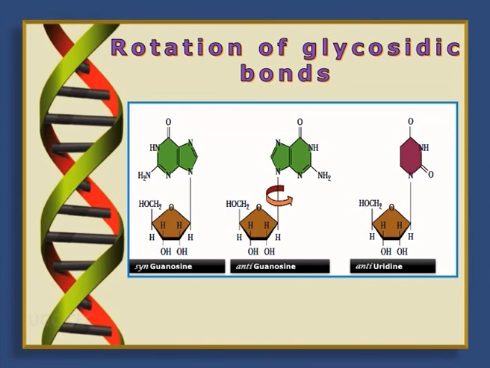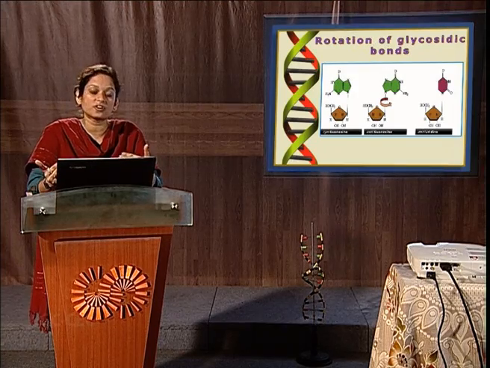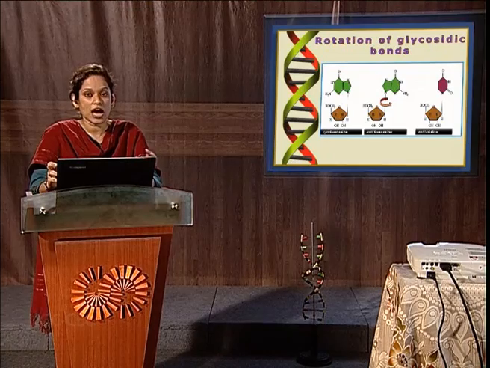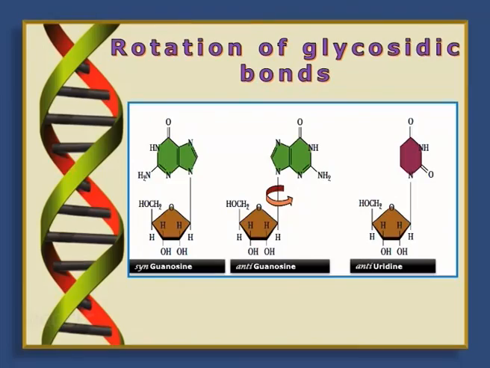The syn configuration is not preferred in case of pyrimidine, as it places the oxygen atom directly above the atom of the furanose ring, and as a result there is steric hindrance. Whereas in case of purine, the example shown in this slide is guanosine, and guanosine can exist in both syn and anti conformations. So till now we covered the different conformations of nucleobases.